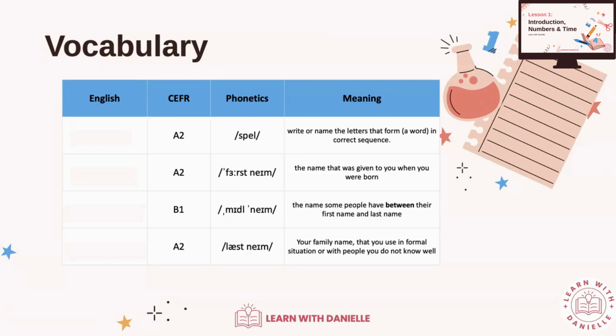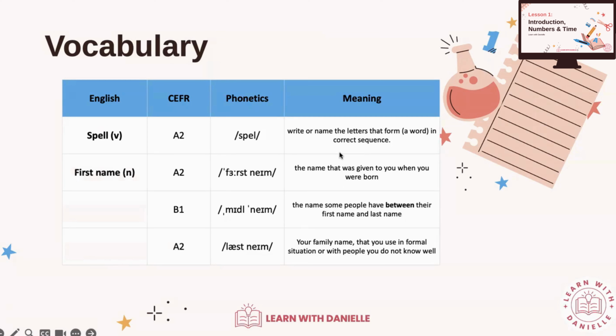For the first vocab, we say spell. To spell means to write or say the letters of a word in the correct order. For example, can you spell your name? It is spelled Diaz.